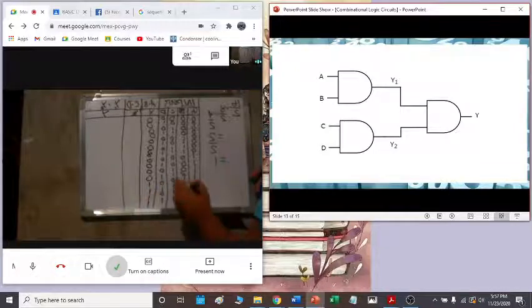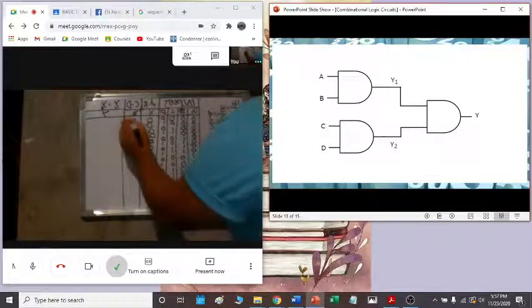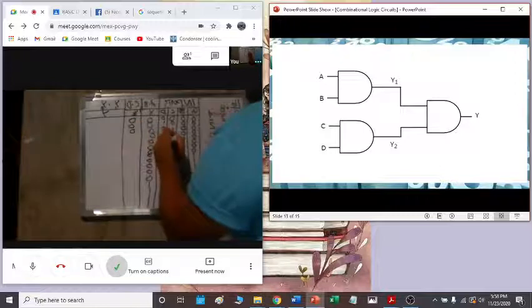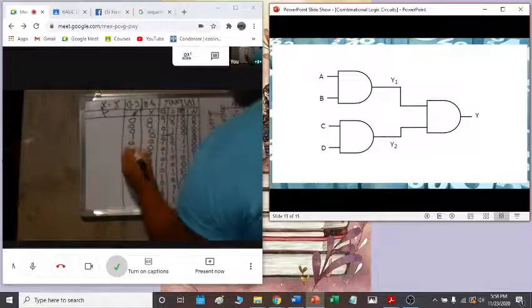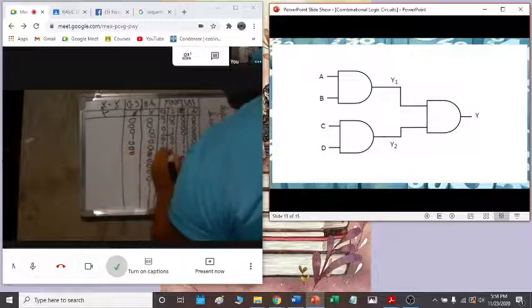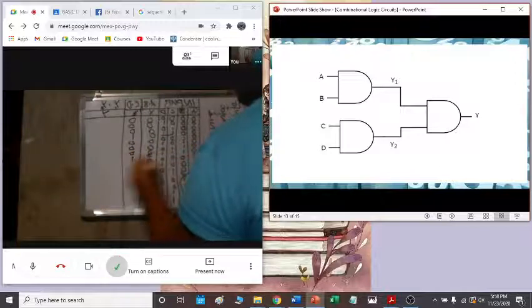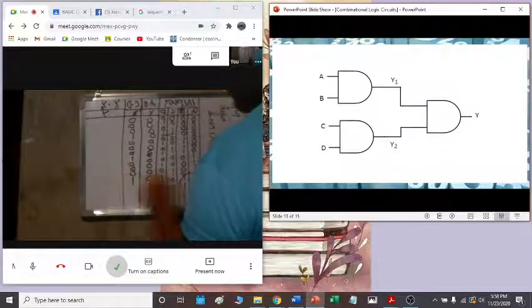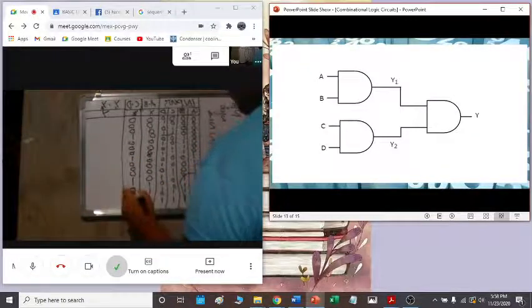And the same for C times B. 1 times 1, 1. 0 times 0, 0. 0, 0. 1 times 1, 1. 0, 0, 0. 1 times 1, 1. 0, 0, 0, and 1.